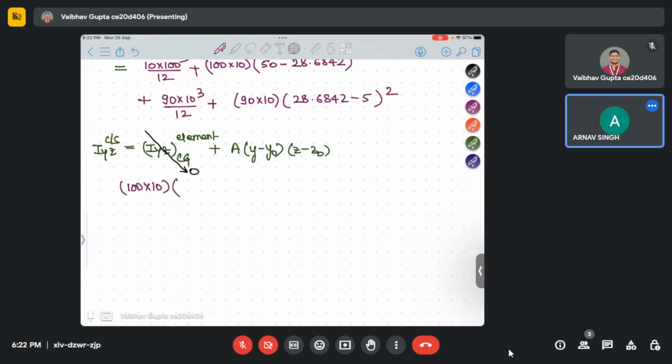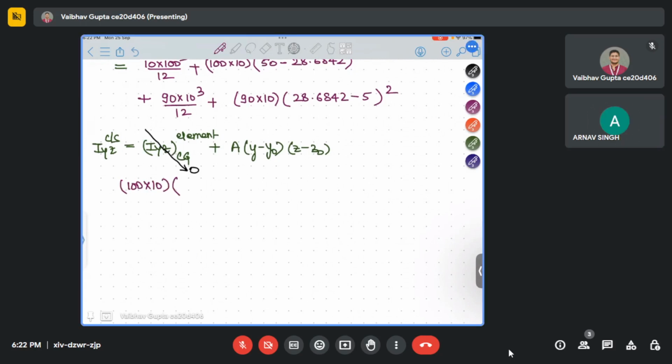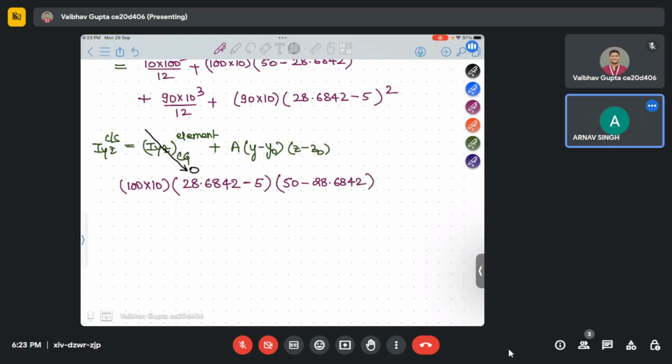What is the y CG? We calculated 28.6842, minus the CG of element 1 in y direction, 5. Same in z: the CG of the first element in z direction is 50, minus 28.6842, which we calculated for the cross section. Now, if you take it the other way around, it will come as negative. So always try to take positive distances.